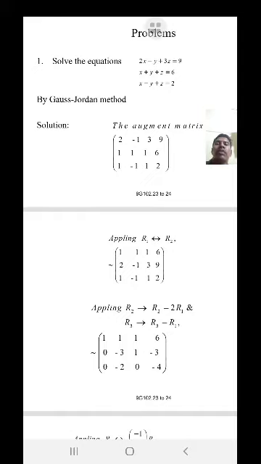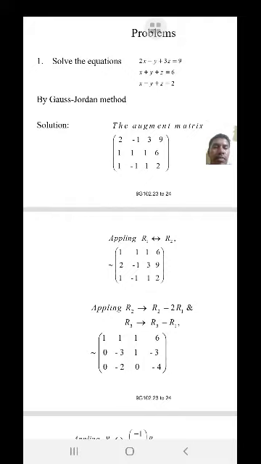That's why we apply the interchange of R1 and R2. So R1 goes to the R2 position and R2 comes to R1. That is what interchanging means. That is 1 1 1 6, 2 minus 1 3 9, 1 minus 1 1 2.